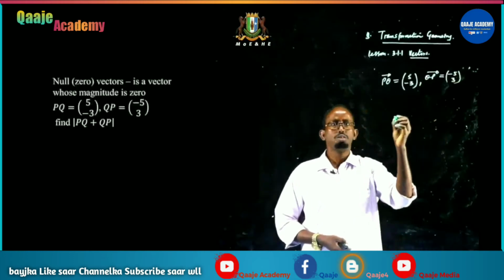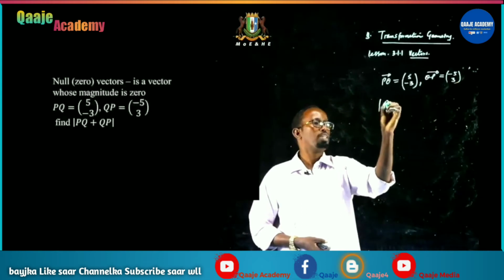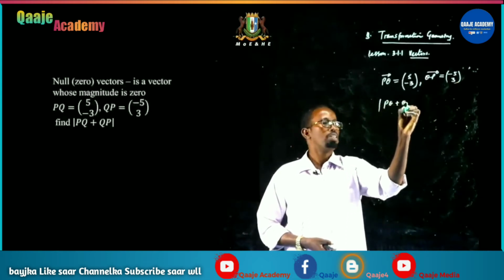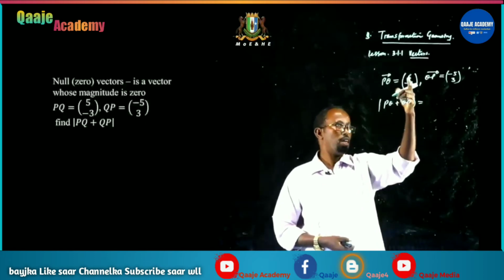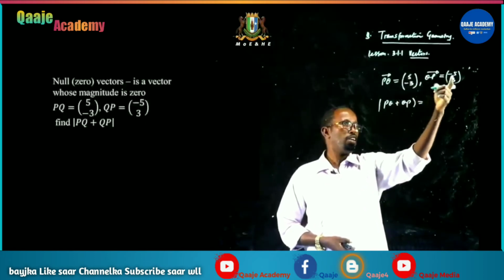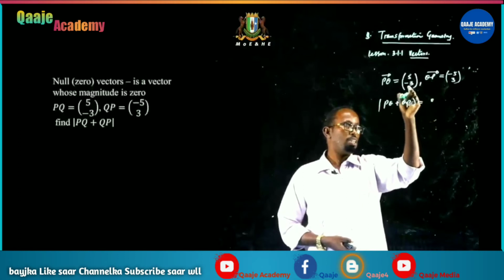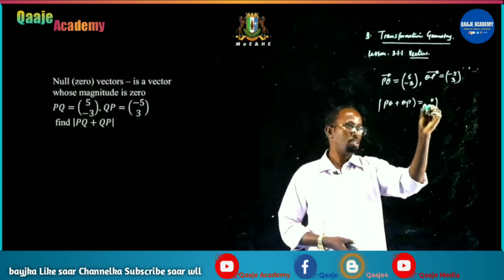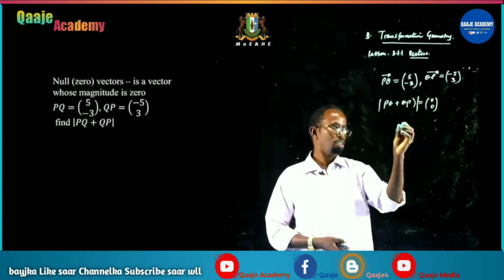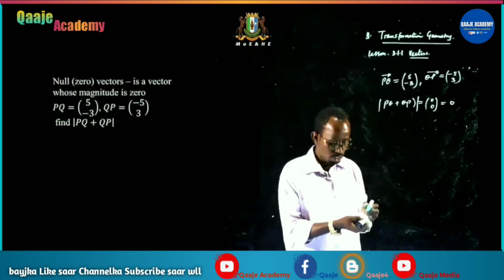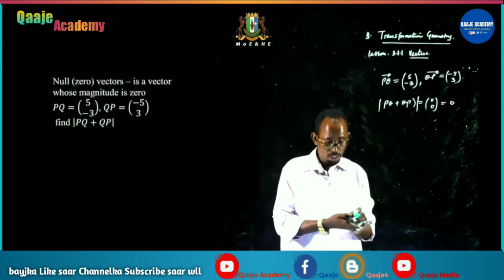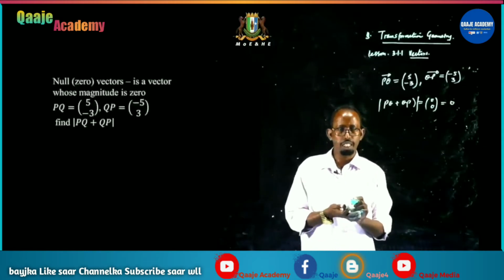And you are told to calculate the magnitude of PQ plus QP. Let's first of all add them together, adding corresponding components: 5 minus 5 is 0, and then -3 plus 3 also becomes 0. So the magnitude becomes 0. So that is a null or zero vector.